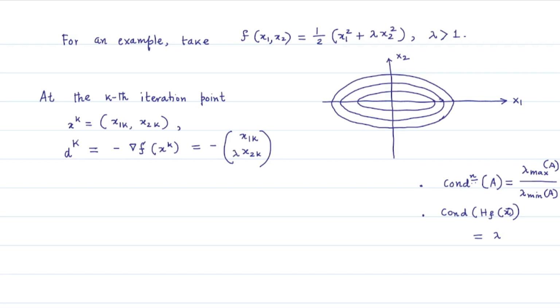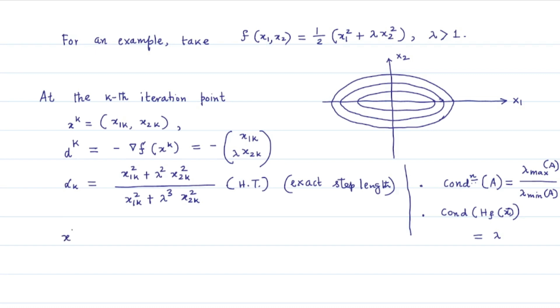And the exact step length alpha k along this direction dk is given by, please cross check, I am giving a home task here, x1k square plus lambda square x2k square divided by x1k square plus lambda cube x2k square.